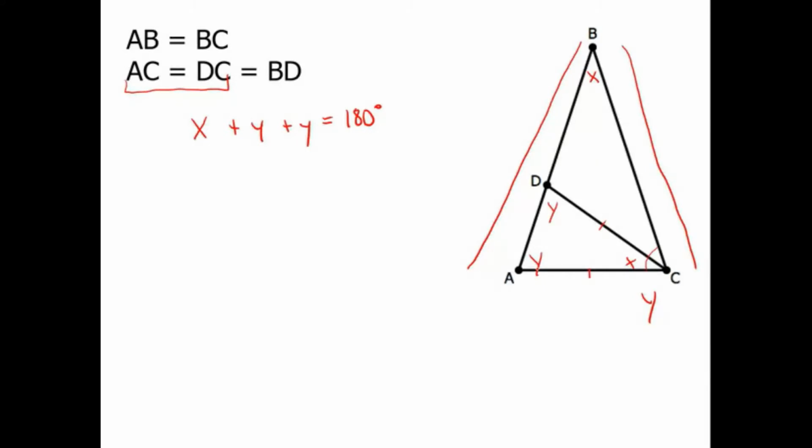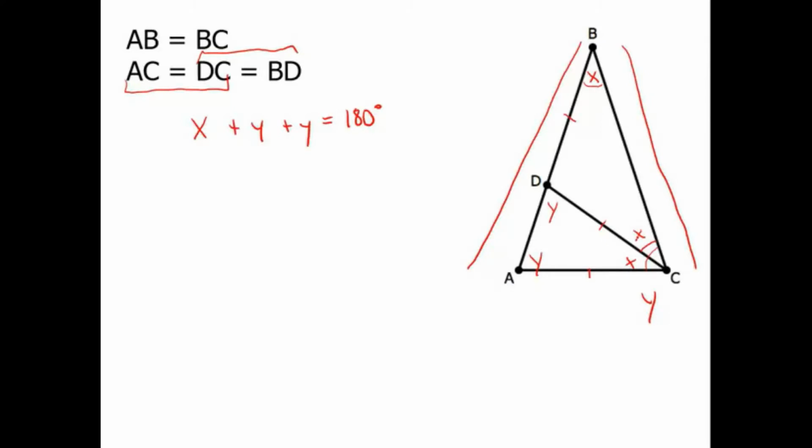We can't solve for anything else. But now if we look at this piece here, DC equals DB, we have another isosceles triangle here, a big obtuse isosceles triangle. The base angles here, one is here up at angle B, the other one is here, and so that has to be X.